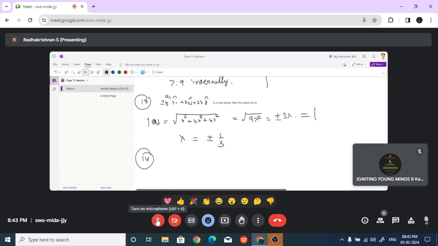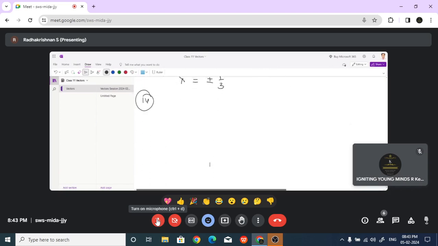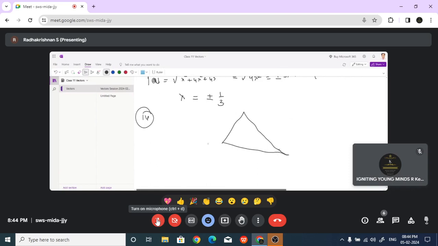Two vertices of a triangle have position vectors. I'll draw a diagram. Okay, so let us say this is A, this is B, this is C. First one, the position vector is 3i, 4j, minus 4k.